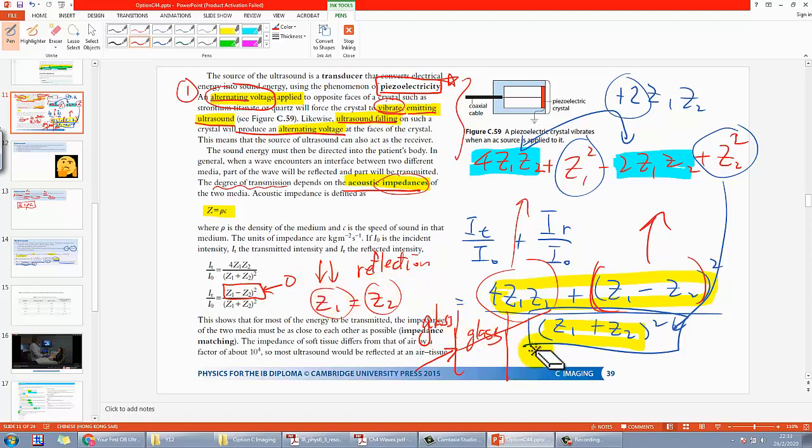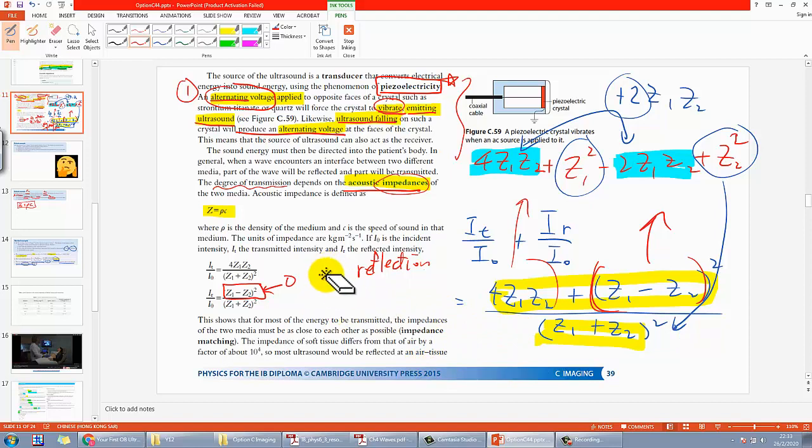On the other extreme, if you have a really high reflection, as high as possible, then that means Z1 and Z2 will be very different. So one of them is much greater than the other, Z1 much greater than Z2.